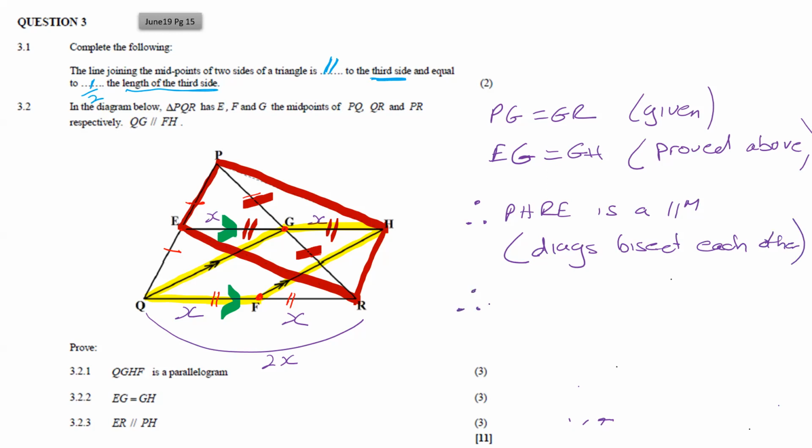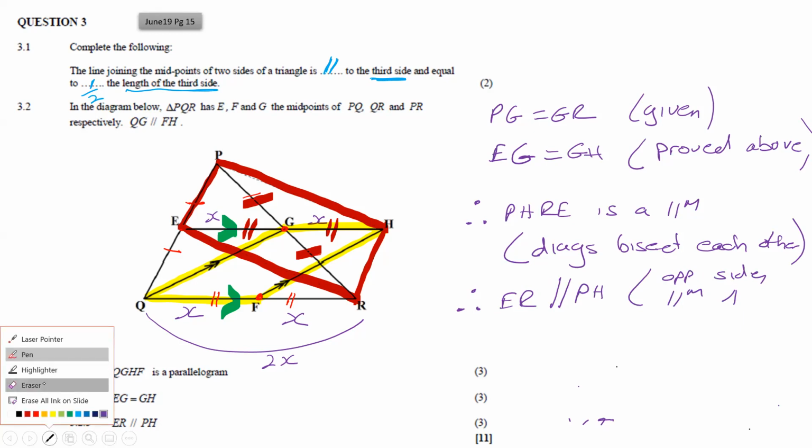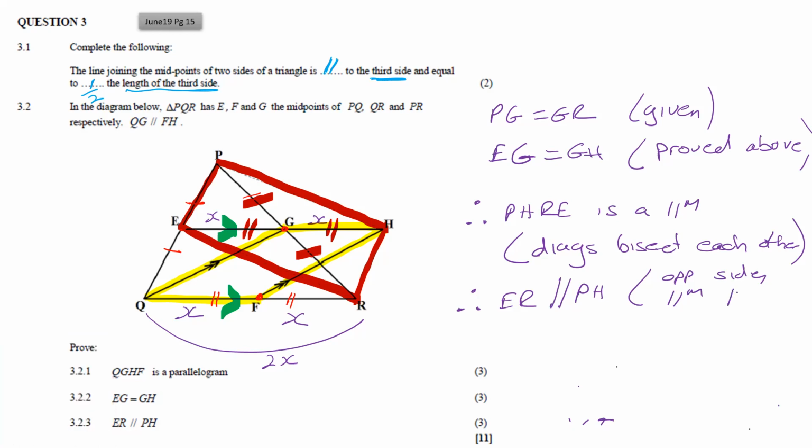And because it's a parallelogram, we can now conclude that ER is parallel to PH, because the opposite sides of a parallelogram are parallel. I didn't like that, it didn't come out too nice. Let me rewrite that again. Opposite sides of a parallelogram are parallel. And there we have it, our proof for that question.